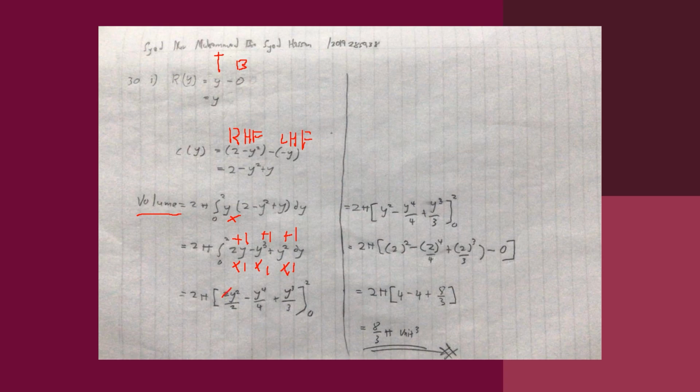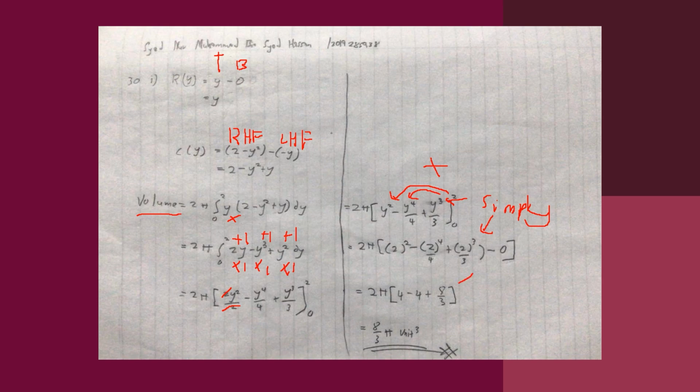2y square, we need to cut 2 and over 2, and then we got y square over y power 4 over 4 plus y cube over 3, and then we multiply every single term, then we need to insert into y, and then we get the bracket 2 power of 2, in the bracket 2 power of 4, in the bracket 2 power of 3, and then we simplify, and then we get 4 minus 4 plus 8/3.